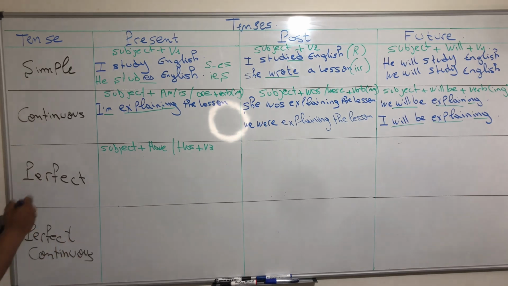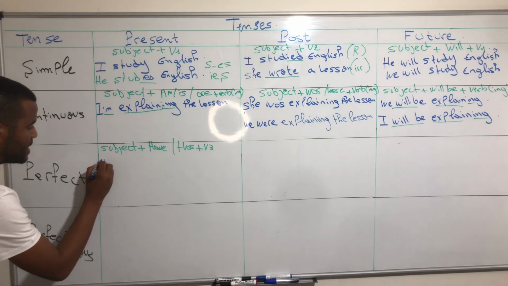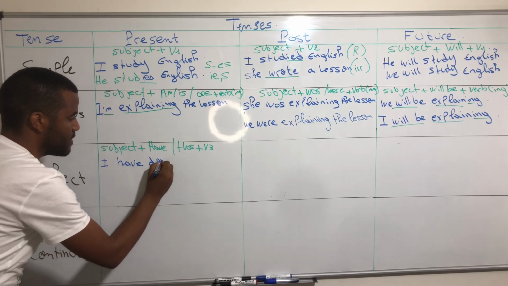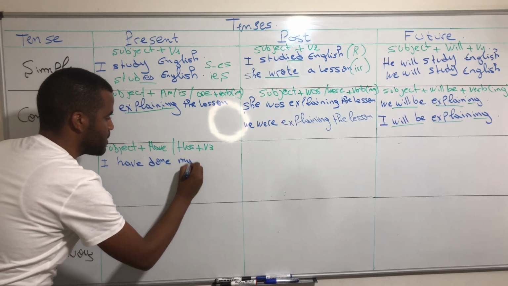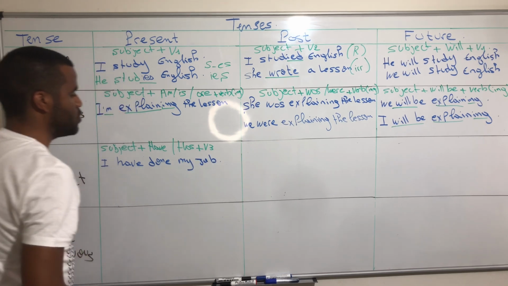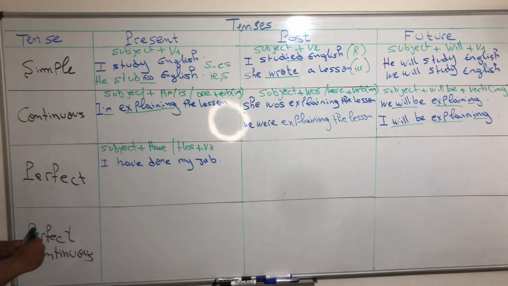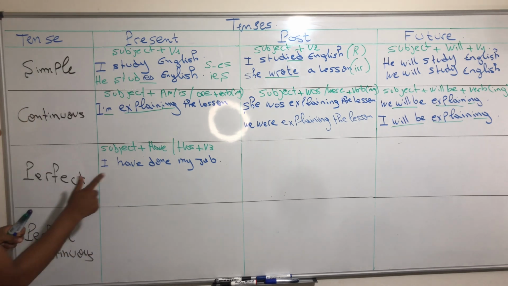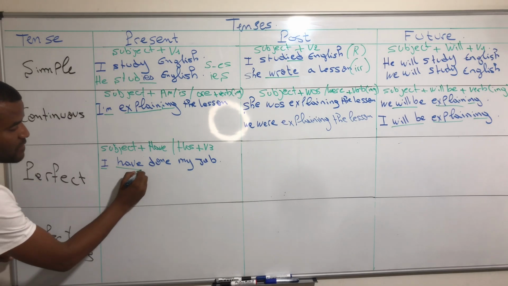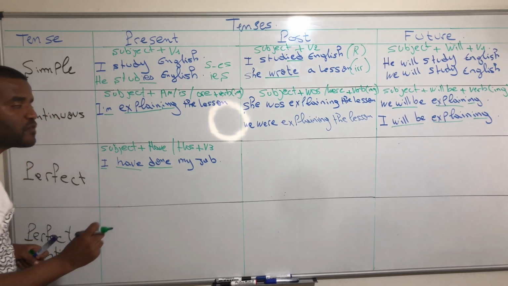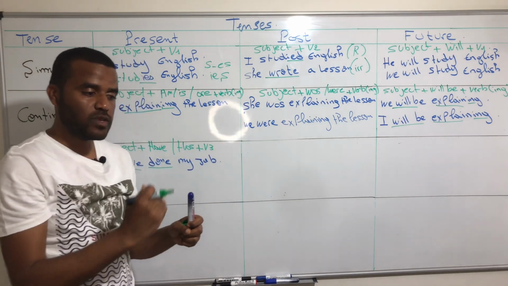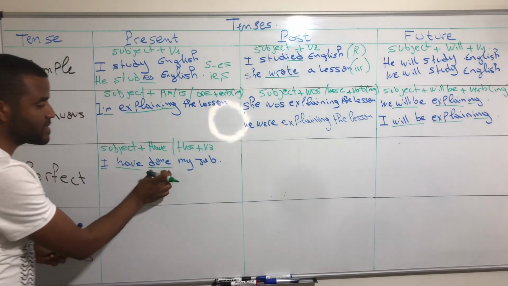For example, we can say I have done my job, or I have done my work. Okay, we have the subject, and have, and the past participle of the verb do: did, done. You need the past participle here.